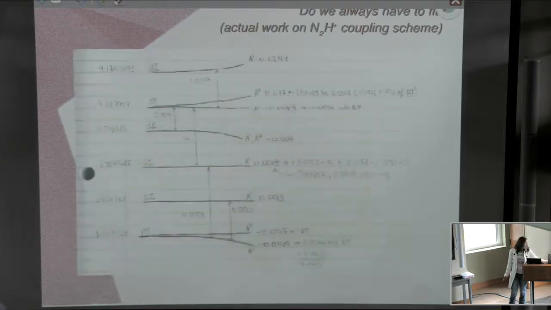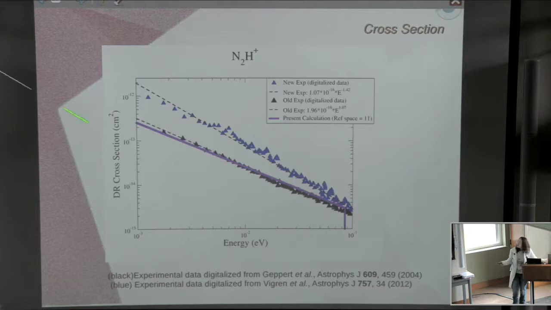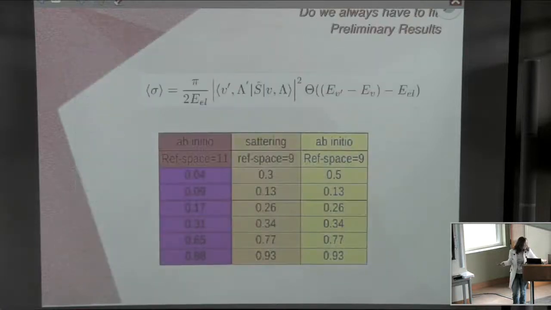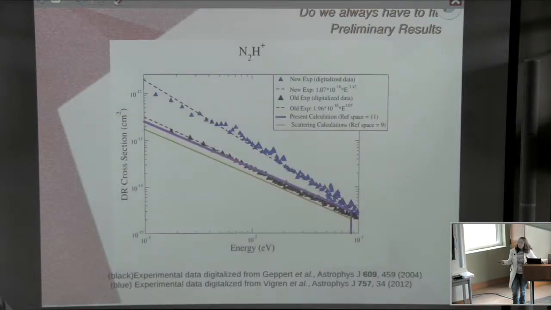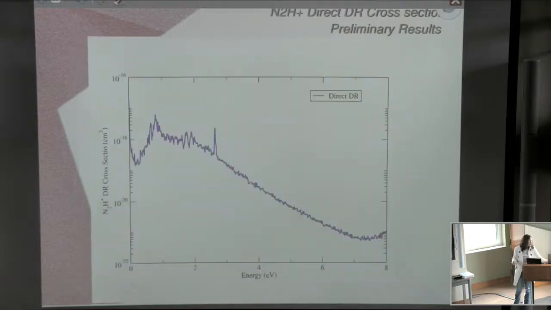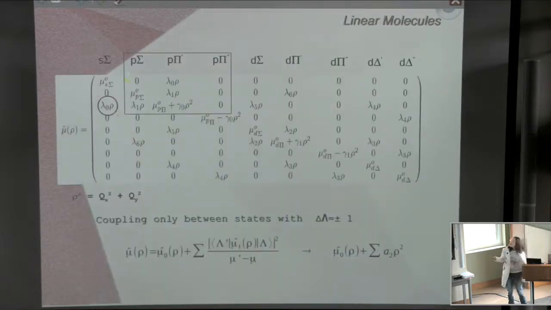But when we saw the new experiment from the ring, we started thinking about which effects are taken into account, especially when we calculate this cross section using the scattering matrix, where the dipole is not included. We don't know how much the dipole is mixing what we call sigma and pi waves when calculating this cross section.